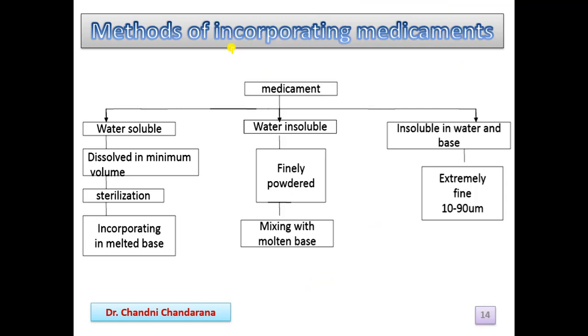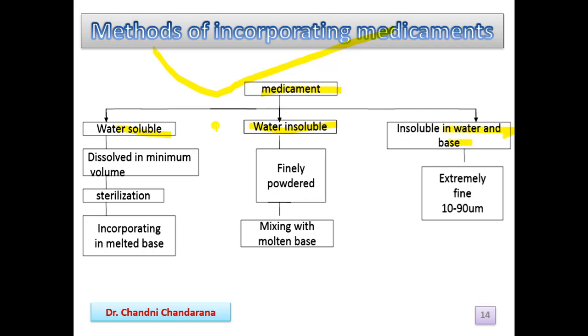Now how we can incorporate the medicament? So these are some methods of incorporating medicaments. It depends on the nature of the drug. For example, if the medicament is water soluble, so what we can do? If it is water insoluble, so what we can do? And if it is insoluble in water as well as ointment base, so what we can do?